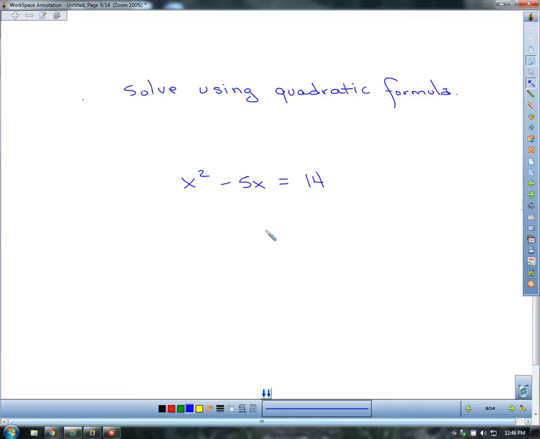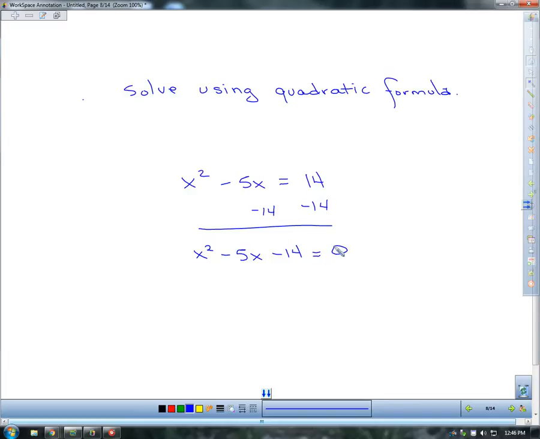Now remember, on any quadratic problem, if we're solving it, everything has to be on the same side. So I need to subtract this 14. There's no other regular numbers over there, so this is not a like term with anything, so I just tack it on the end. So x squared minus 5x minus 14 equals 0.